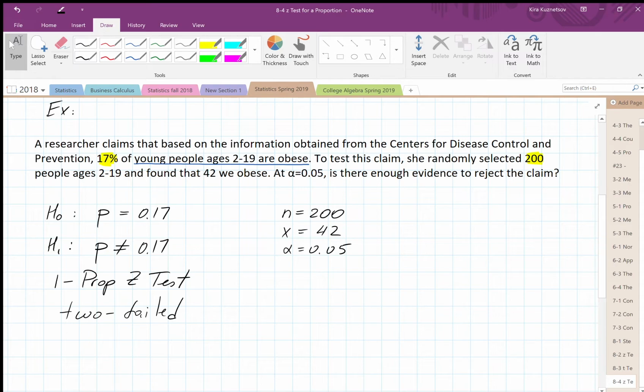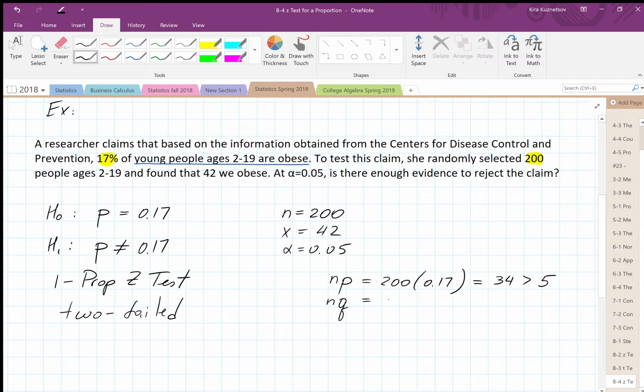And we can go ahead and run this test now. Before we run the test, you must check the necessary conditions to be met in order to run this test. So find out what n times p is. In this case, n is 200, p is 0.17. You're going to take 200, multiply by 0.17, and you're going to get 34. 34 is greater than 5, so we're good to go.